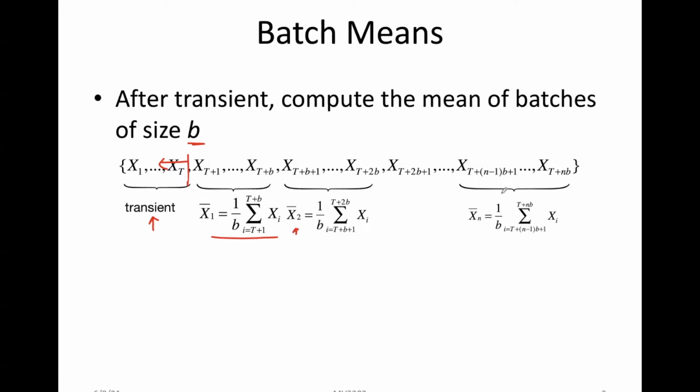All the way up to my nth observation, which is again the mean of the last B observations that we have. So the total number that we're going to run is our transient plus N, where N is the number of batches.